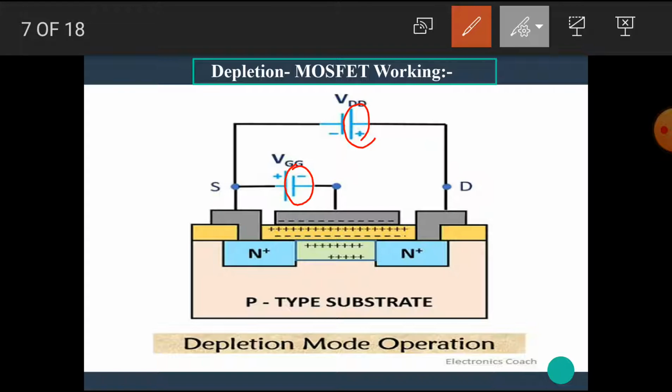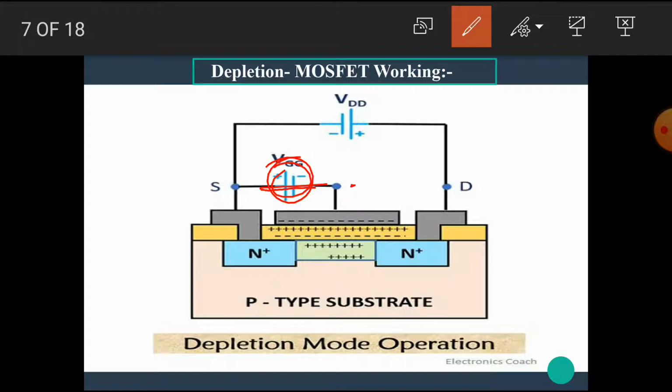Now let us consider the first condition, that VGS is absent, that means this source is absent. Then what happens? If the VGS is absent, then there is no potential or any supply to the gate terminal. Hence the current flows from source to drain.